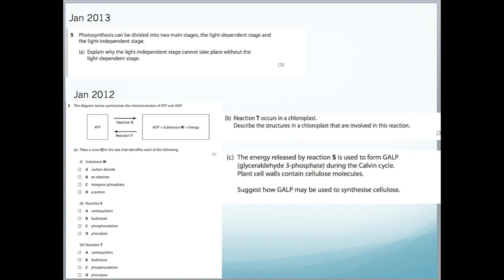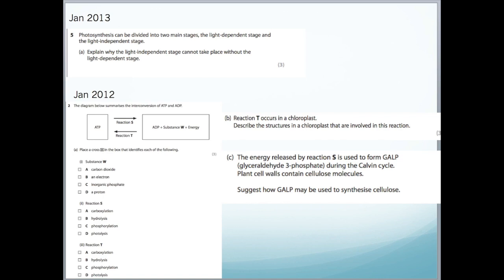Photosynthesis can be divided into 2 main stages, the light-dependent stage and the light-independent stage. Explain why the light-independent stage cannot take place without the light-dependent stage. So we have three marks, so we have to make sure that we at least mention 3 points. The products from the light-dependent stage are needed for the Calvin cycle.